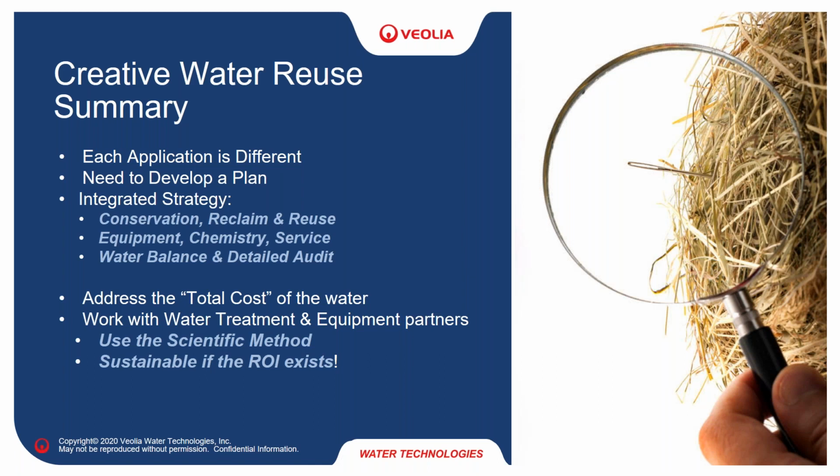And lastly, work with your water treatment and equipment partners using the scientific method. Don't change too many things at the same time, and understand that sustainability only exists if there's a positive ROI in the applications that you're looking at.